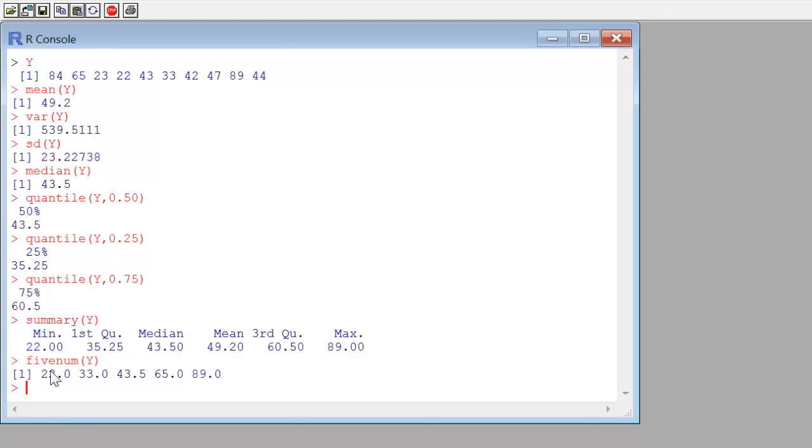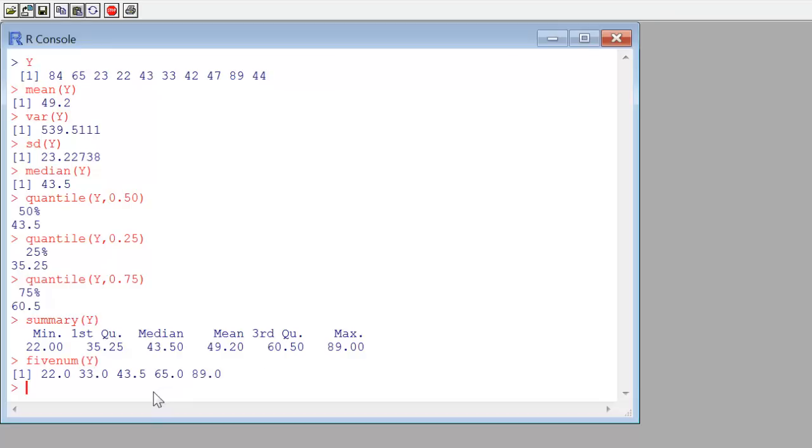And there we see the values of 22 as the min and 89 as the max. They're consistent. The median of 43.5, 43.5. However, we're seeing that the presumably first quartile that we should be getting from fivenum is different than what was reported above. And the third quartile, 60.5 versus 65.0, is indeed different.